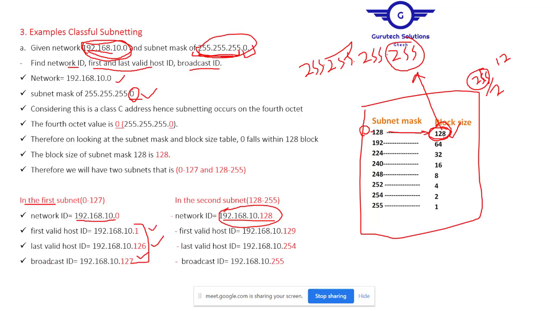The broadcast ID is this one, 128 minus 1, which is the last address in this subnet, because the second subnet starts from 128. In the first subnet it should end on .127, and the last valid ID should be the one that precedes this one, 126, but the first valid ID is the one that follows the network address.